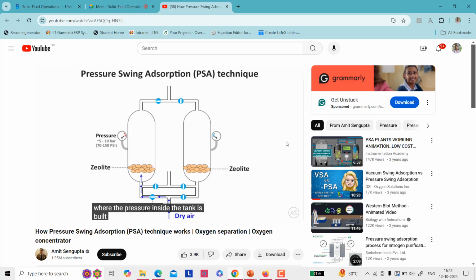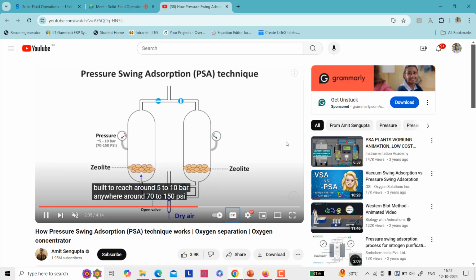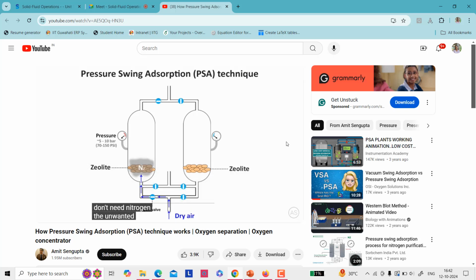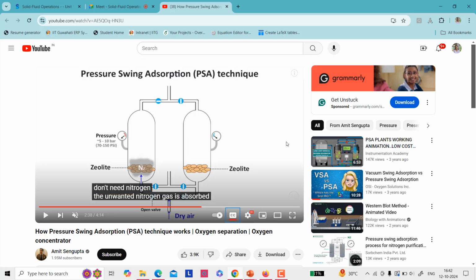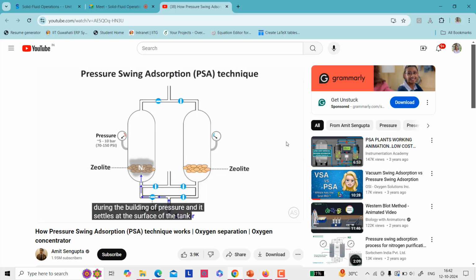Since we don't need nitrogen, the unwanted nitrogen gas is adsorbed by the zeolite during the building of pressure, and it settles at the surface of the tank. When the first tank is almost full, the nitrogen adsorbed in the first tank settles down at the bed of the vessel.